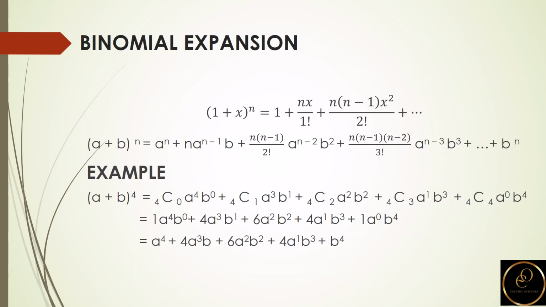Binomial expansion makes use of this particular mathematical formula, where you have 1 plus x raised to power n, which is expanded as 1 plus n times x over 1 factorial plus, you can see there, the next one is n, open brackets, n minus 1.